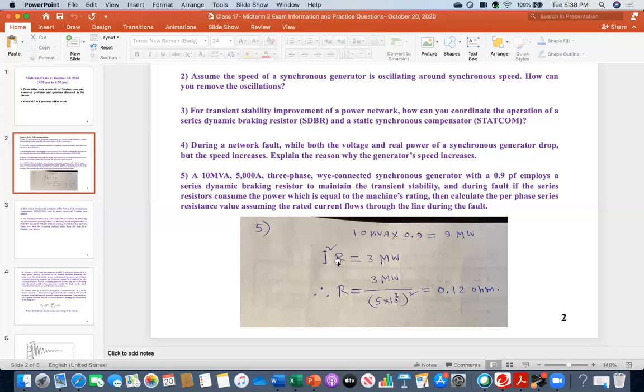Therefore, you will be using I squared R for a series circuit, and you will be using V squared over R in the case of a parallel-connected resistor. That is why you got different results. And then some of you did it a completely different way. So is everybody fine with this one?